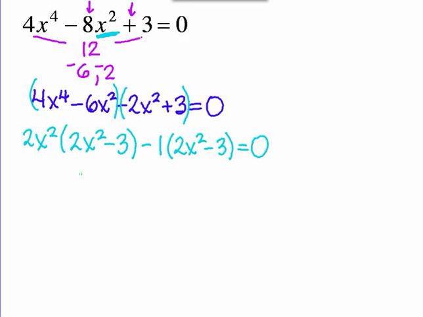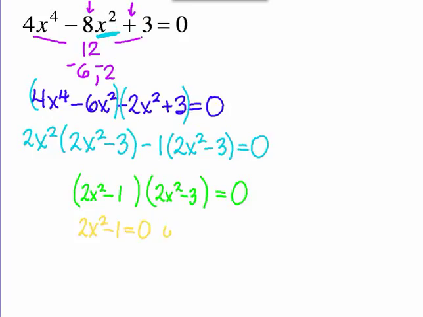So my two quantities are? 2x squared minus 1, times 2x squared minus 3. Good. And that's going to equal 0. Okay, so my two quantities, I've got 2x squared minus 1 equals 0, or 2x squared minus 3 equals 0.